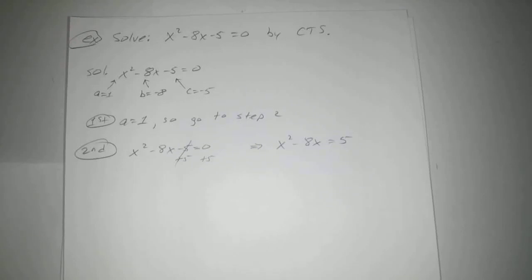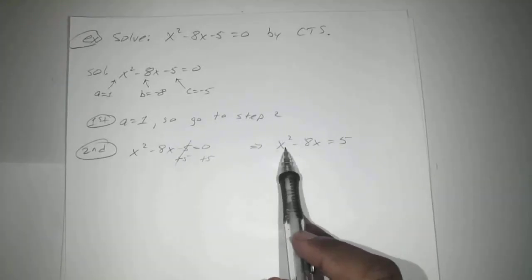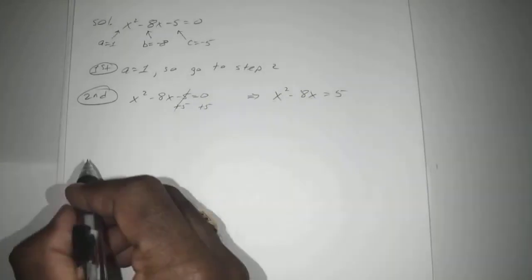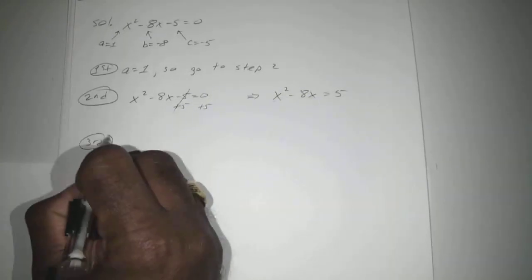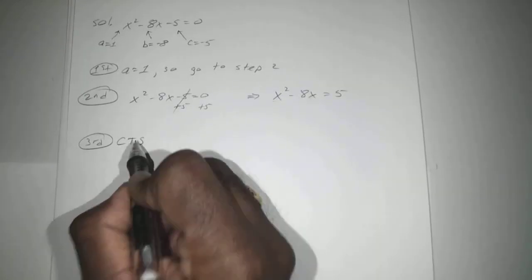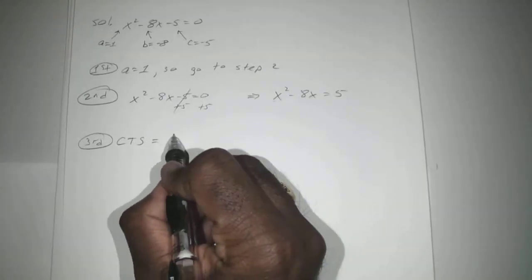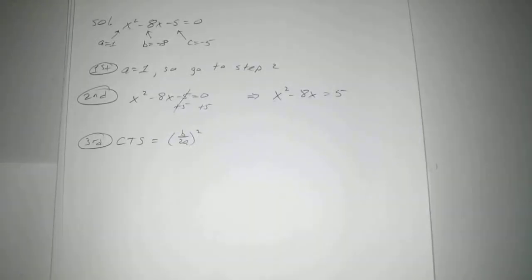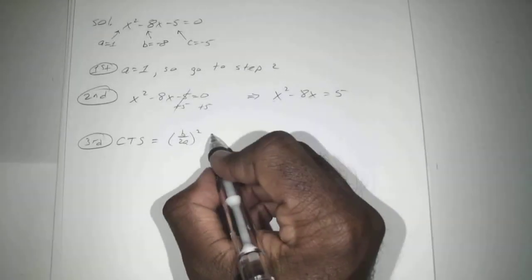Okay, so now for our third step, we're going to complete the square for the left side. Because remember that's b divided by 2a, squared. Our b is negative 8.